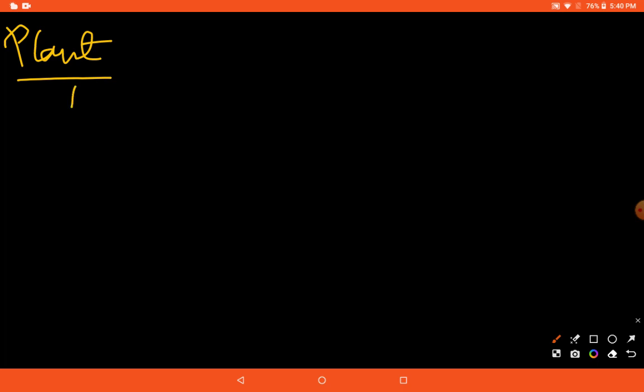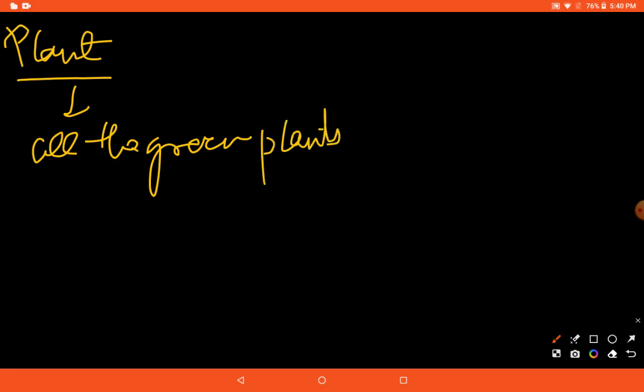You see all the green parts, right? If I talk about desert plants, xerophytic plants, like the cactus, they have the stem which performs photosynthesis. Similarly, in plants, all the green parts perform photosynthesis.